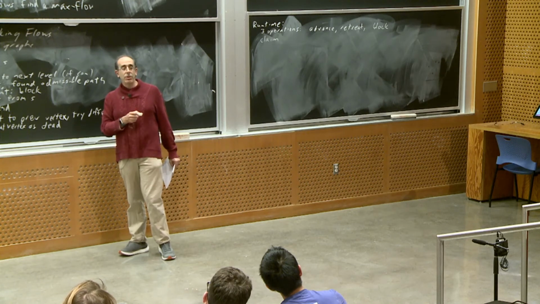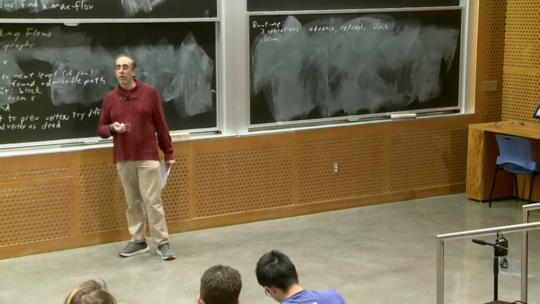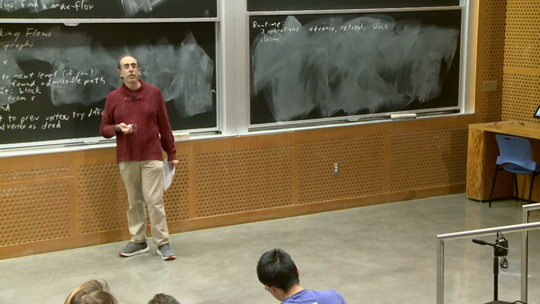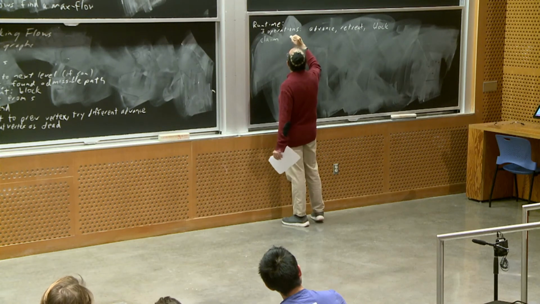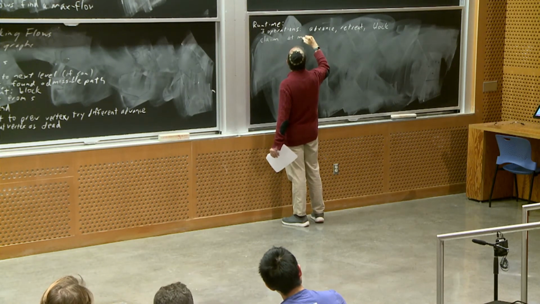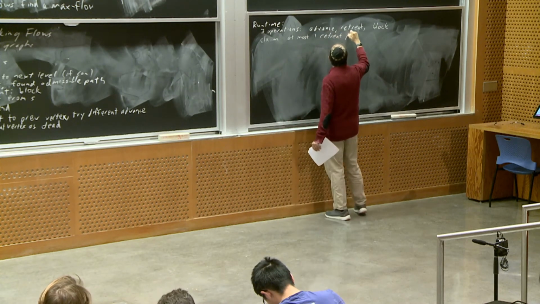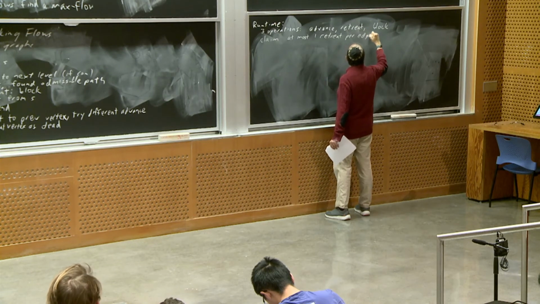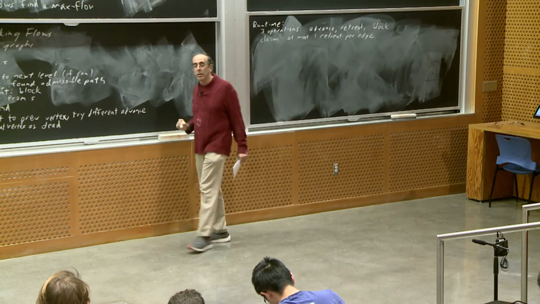If I use the edge to get to a dead end, then I know that that edge cannot be part of any further paths, right? So I claim that there are, at most, 1 retreat per edge, right?